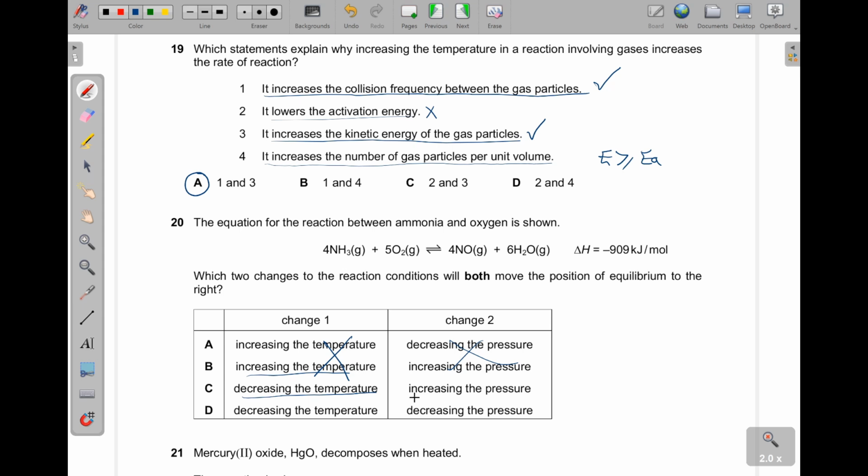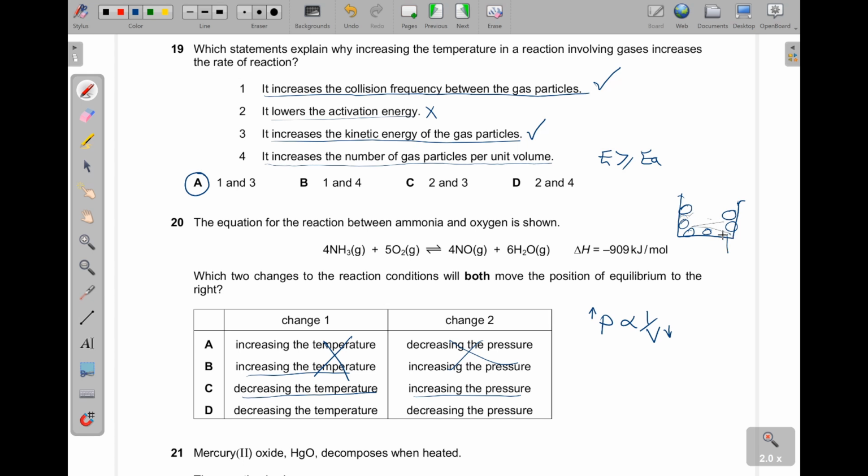How about change to increasing the pressure? When you increase the pressure, pressure is inversely proportional to volume. That means when you increase the pressure, volume has to reduce. So how do we interpret this using what we are having here? Pressure is directly proportional to the number of gas moles present. The more the gas particles, the more the frequency of bombarding of these particles on the walls of the container.